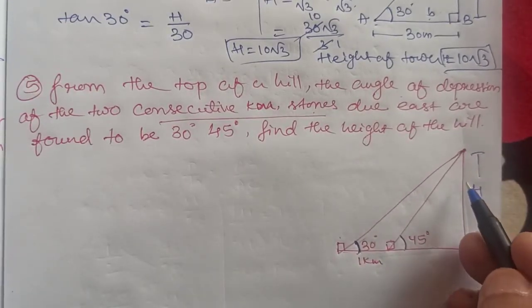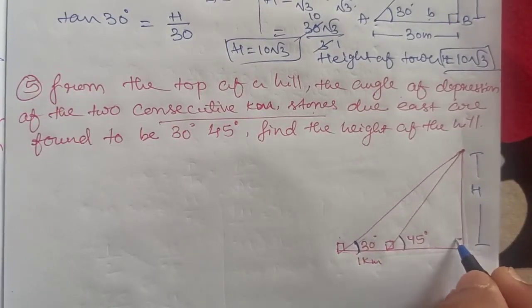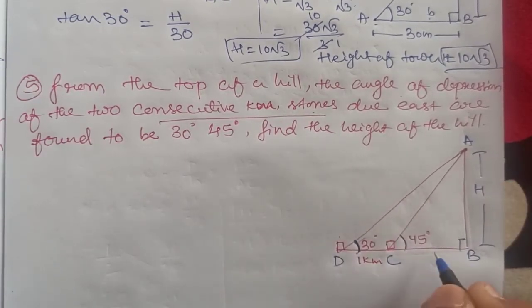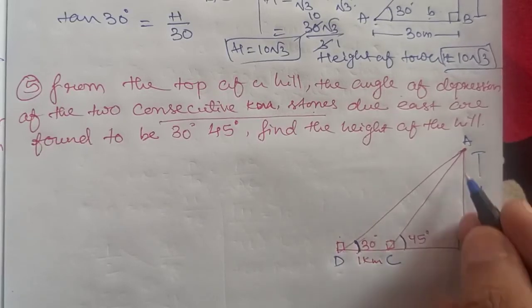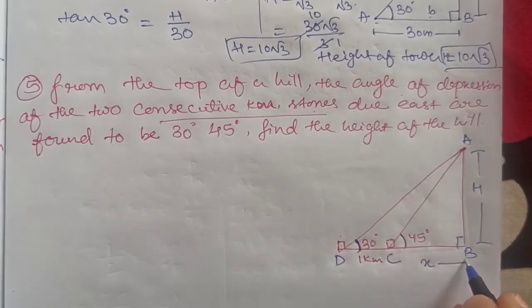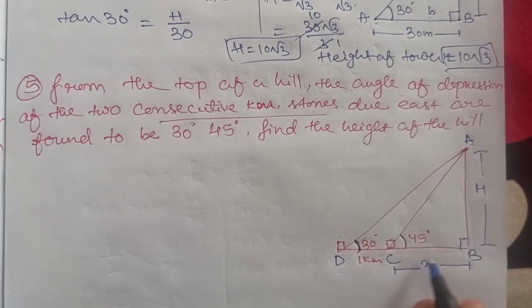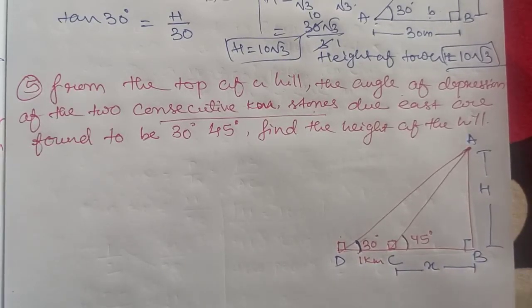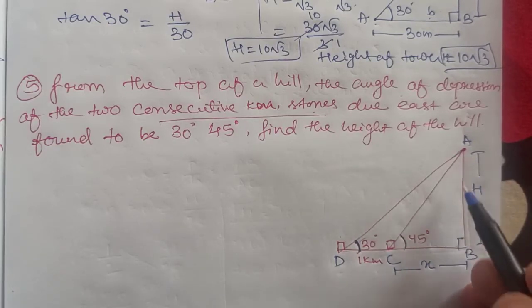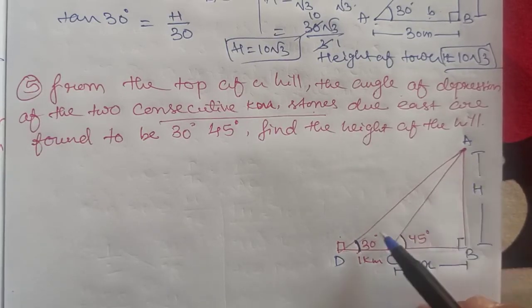First of all, here we got two triangles. Suppose ABC and ABD. There are two right angle triangles. This is H. This distance we don't have, so we will take BC as X. Always first find out the side of the smaller triangle, then only take the bigger triangle.